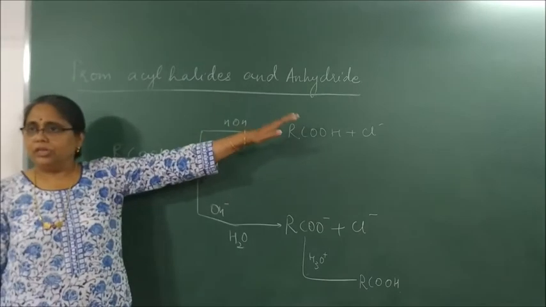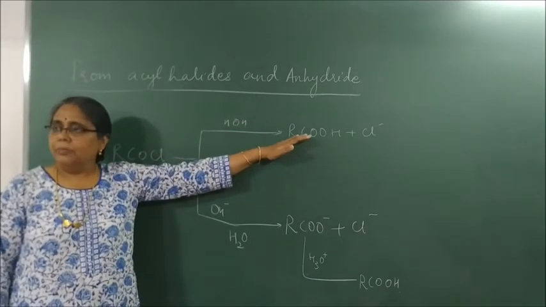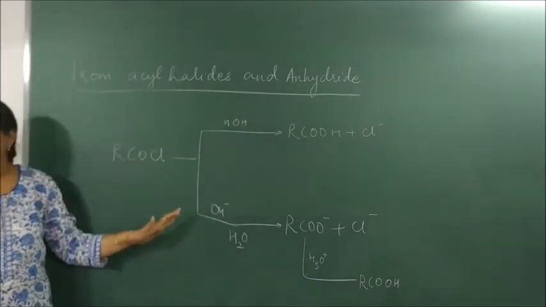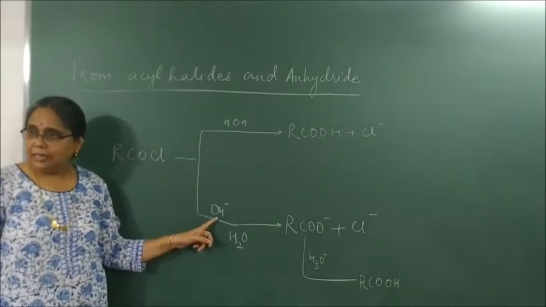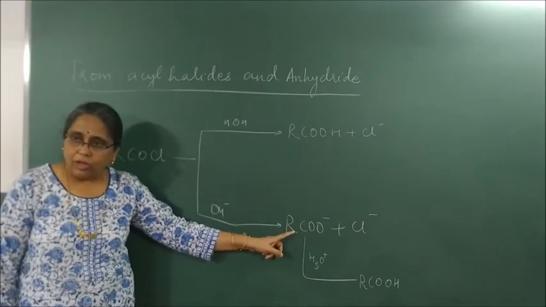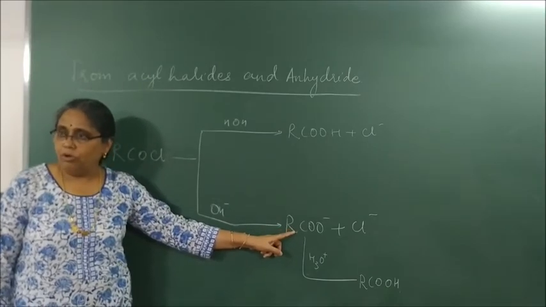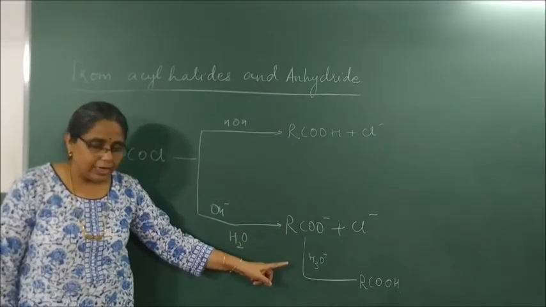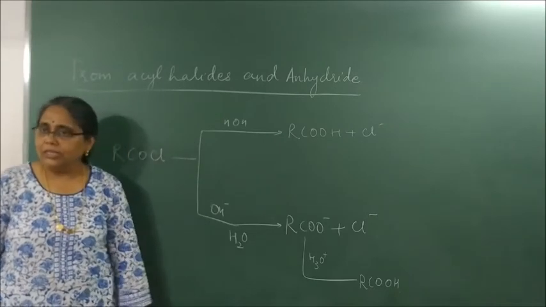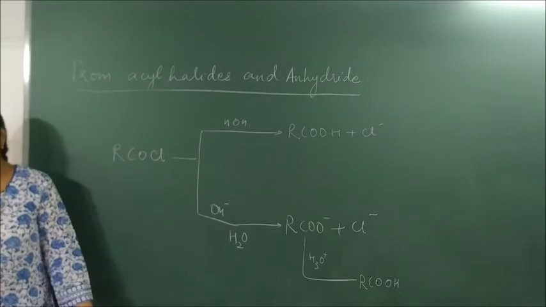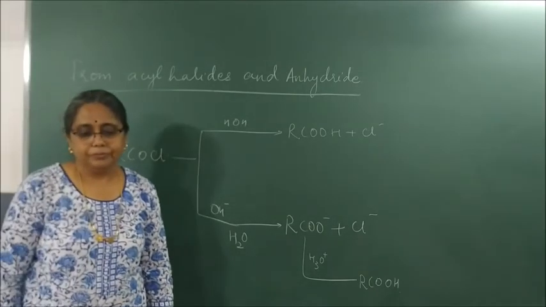Initially on hydrolysis it gives RCOOH, but the yield is more when it is done in an alkaline medium. So it forms what ion? Carboxylate ion. On acidification, it forms what acid? Carboxylic acid. Please write.